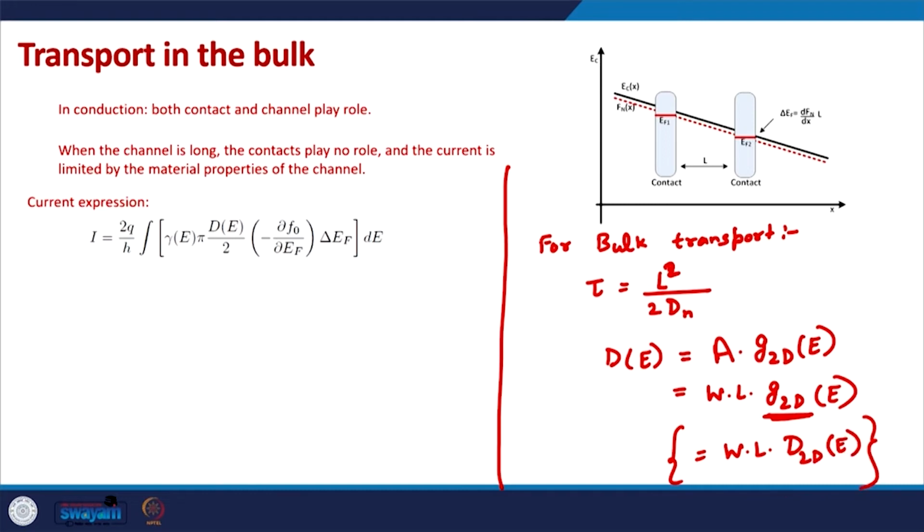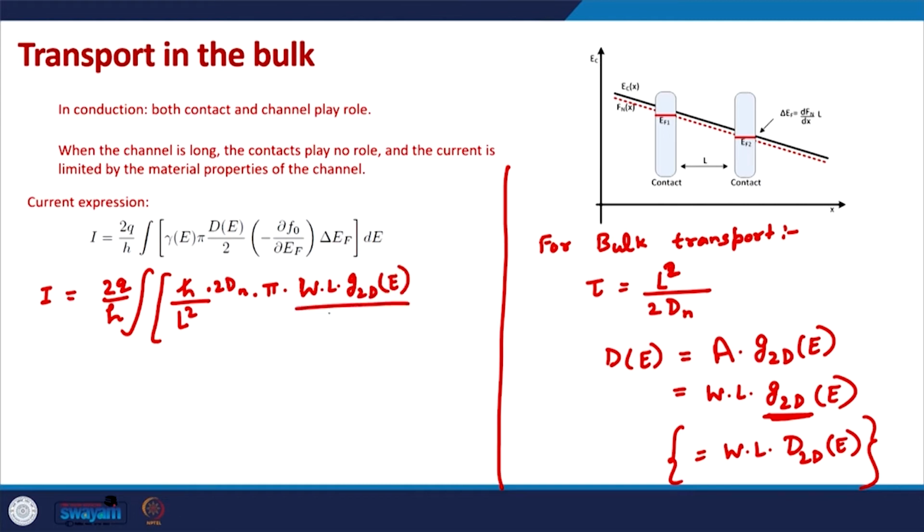So if we put these values in this expression of current, what we see is that I is equal to 2q by h, gamma can be written as h bar divided by tau, and tau is given by L squared divided by 2 Dn. Pi stays as it is, D E is written as W times L times G2D(E), times minus del f by del E, delta EF, and this integral is over E.